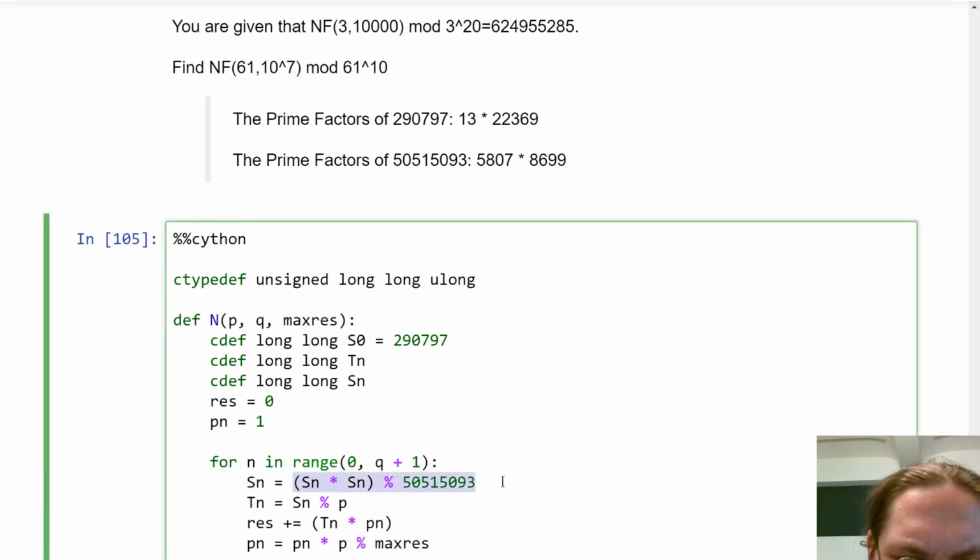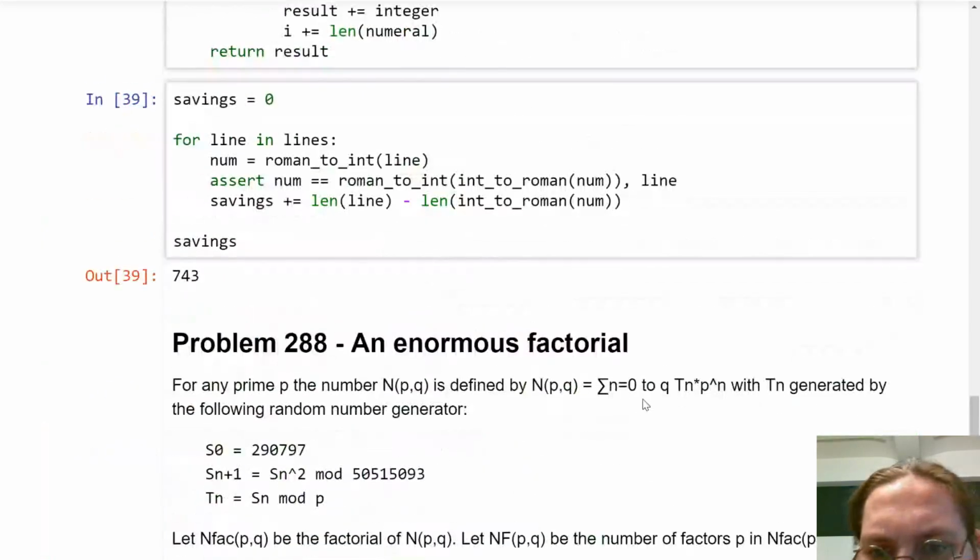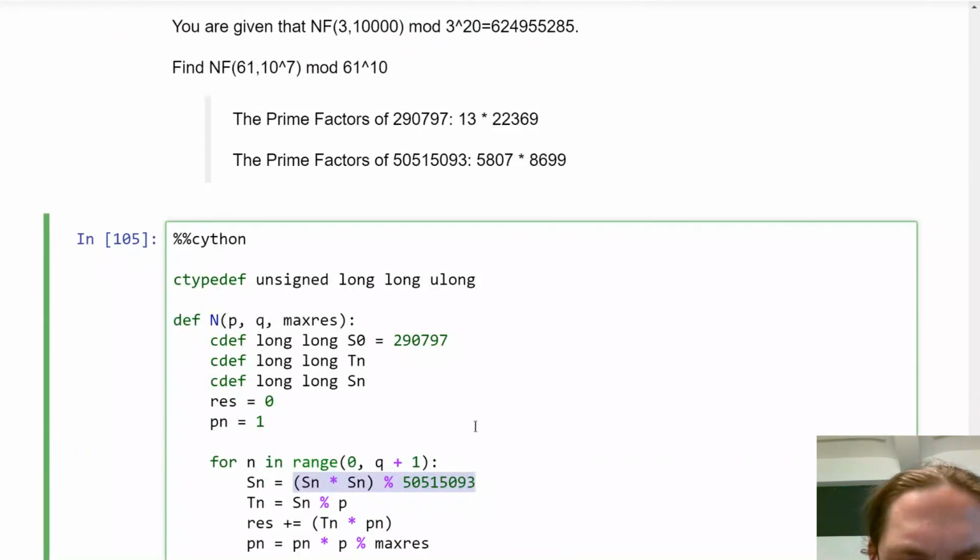I can go through it, I guess. So we're going up to Q. Is Q inclusive? I think so. I think it's included too. Then we do Tn times p to the n, and p is 1.